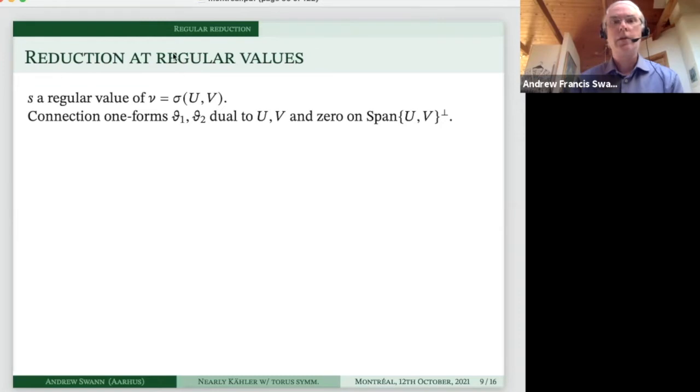So let's just take this non-zero. That automatically forces U and V to be linearly independent. And I can take some one forms that are dual to U and V and zero on their orthogonal complements. Think of those as connection one forms.